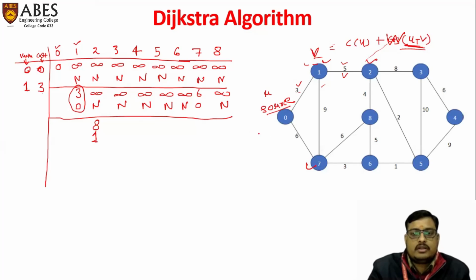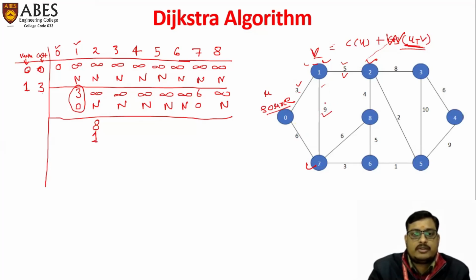Similarly we'll calculate the cost for vertex 7. The cost of 1 plus the weight of 1 to 7, which is 9.